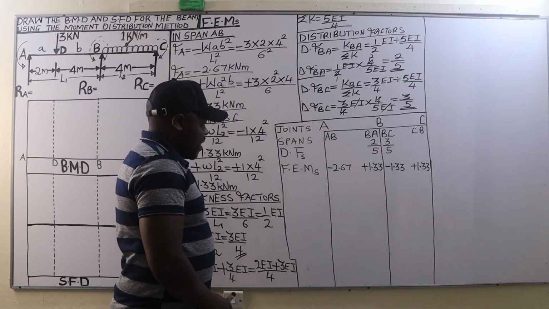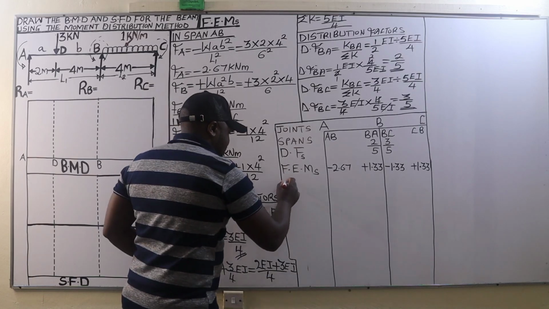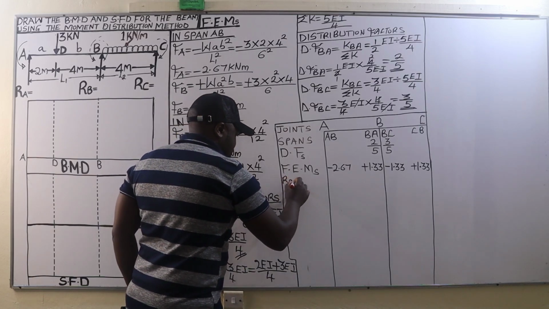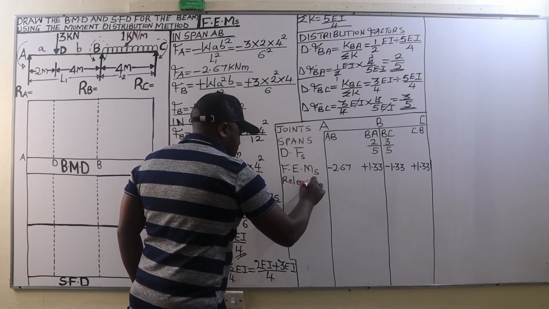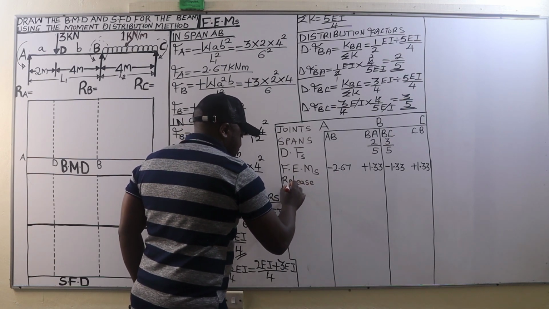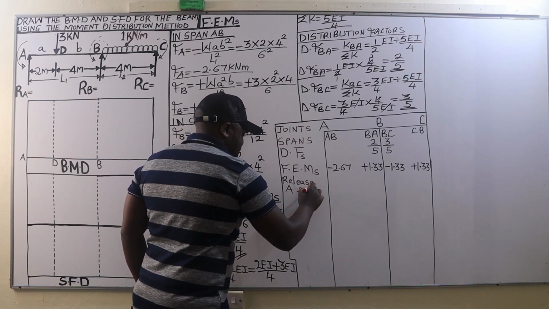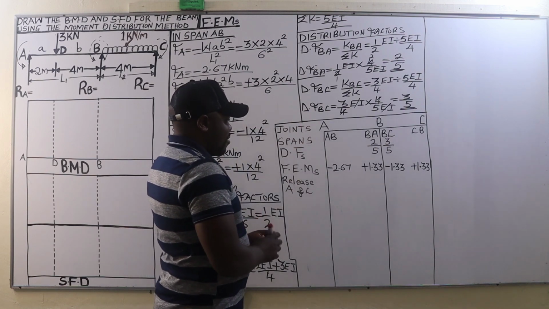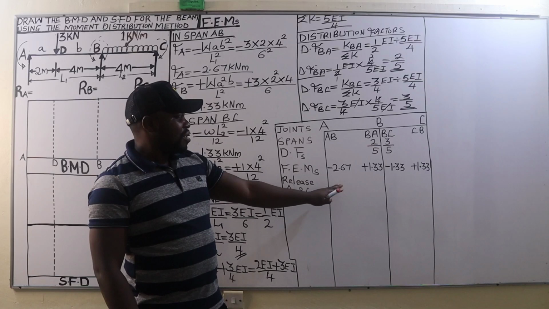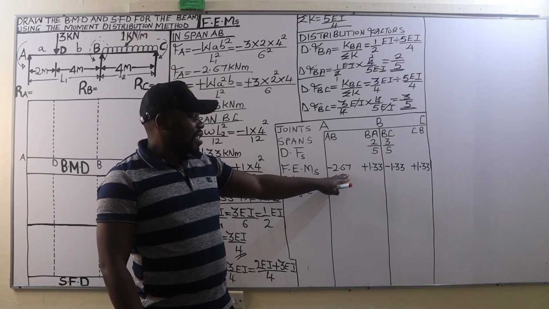Our next step is going to be to release A and C. And when we are releasing, we usually release with an equal and opposite moment.